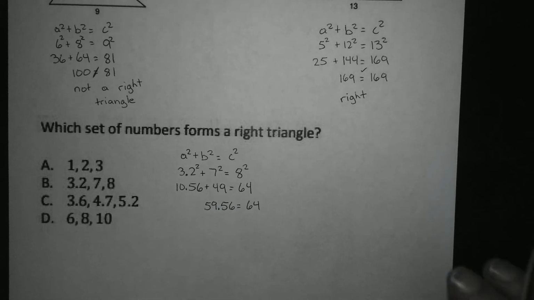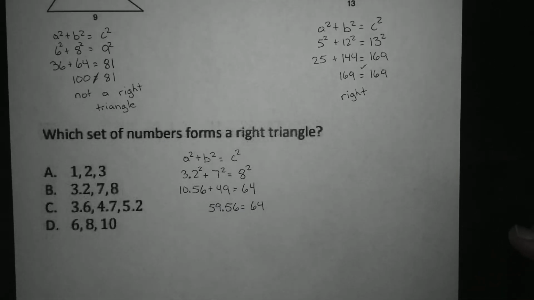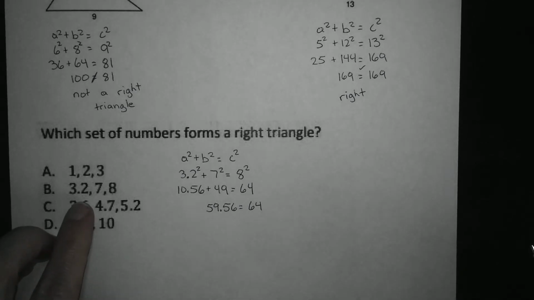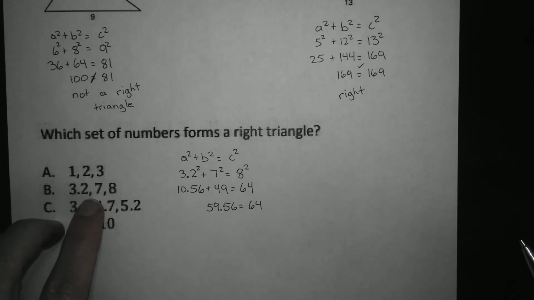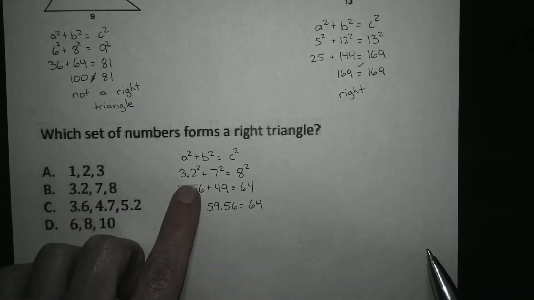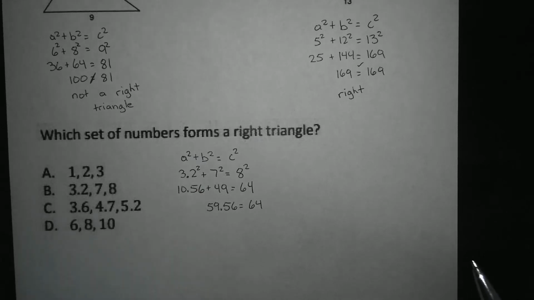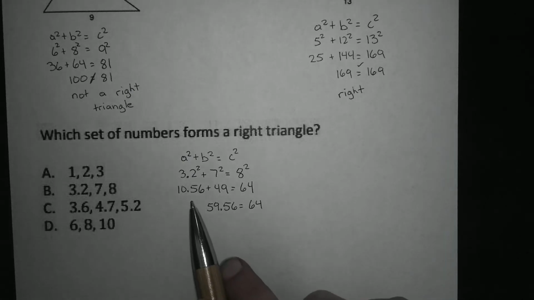Down below, I wanted to just quickly show a problem that might use this. They say, which set of numbers forms a right triangle? Some people get thrown off when they see decimals. So I went ahead and worked this one out already. This one has a couple of decimals in it, and I just plugged it in. A lot of you might think that 3.2 squared is 9.4. It kind of makes sense, but if you actually punch it in and work it out, it comes out to 10.56.